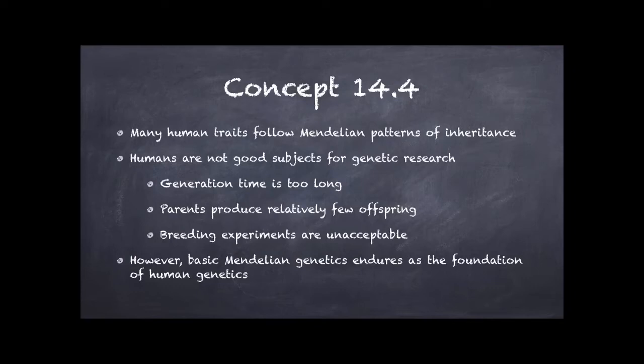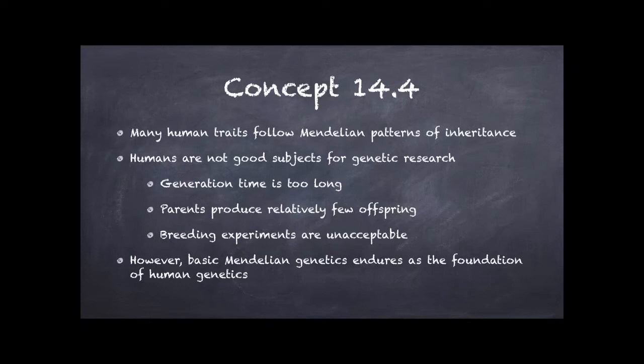But even though we can see how traits are inherited through plants and animals, it's kind of hard to do that in humans. We are not very good subjects to be tested with when it comes to genetics. One, our generation time is too long.